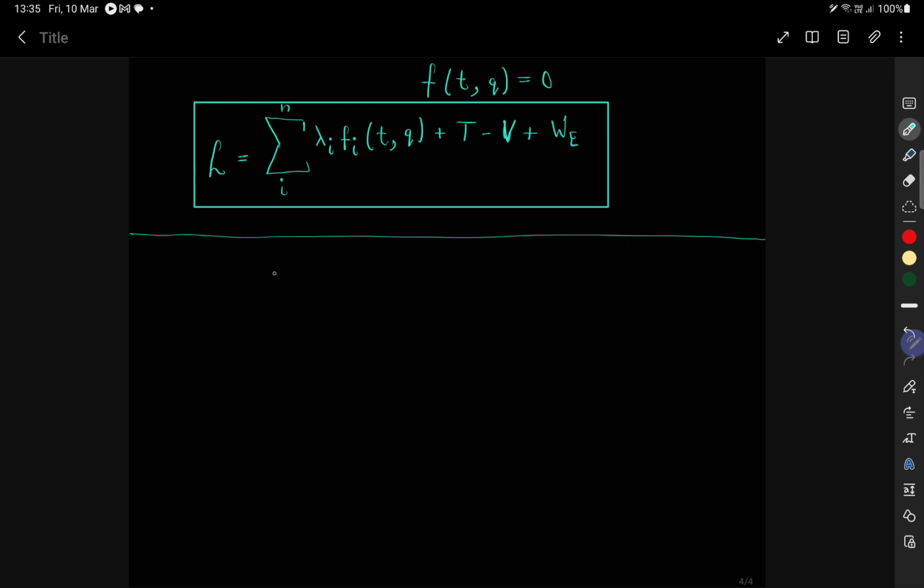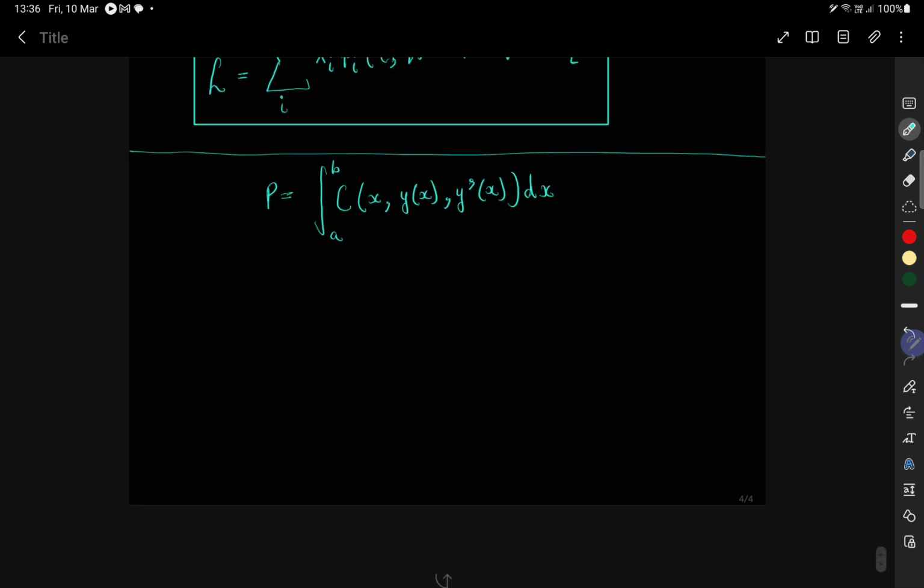Suppose we have a functional, as mentioned before, of some similar form. This time I'm going to call it P. And P is going to be an integral from a to b of some random function c, that is a function of x, y of x, and y prime of x, all integrated in terms of x.